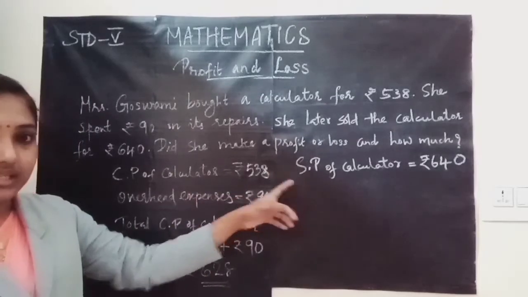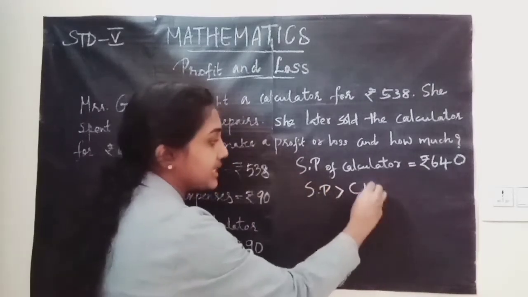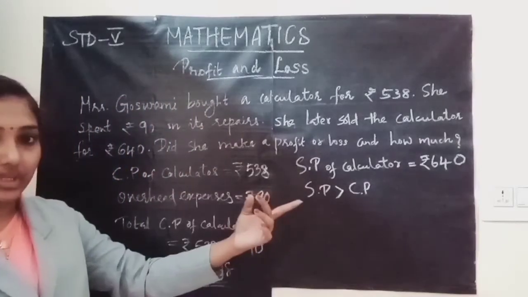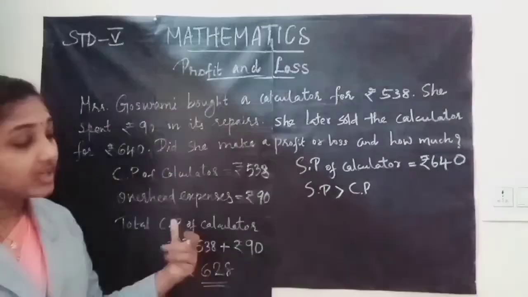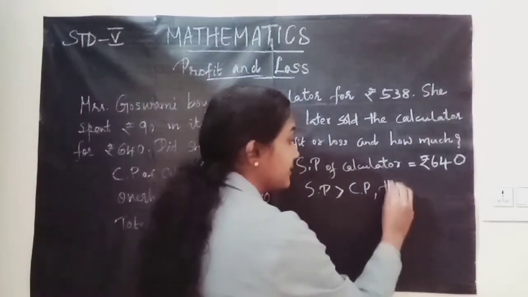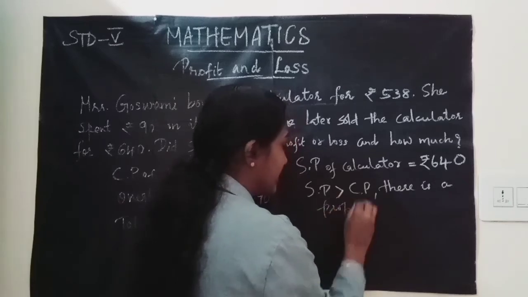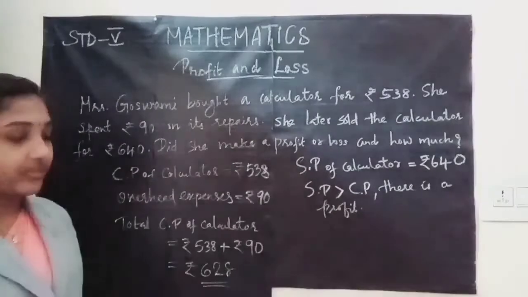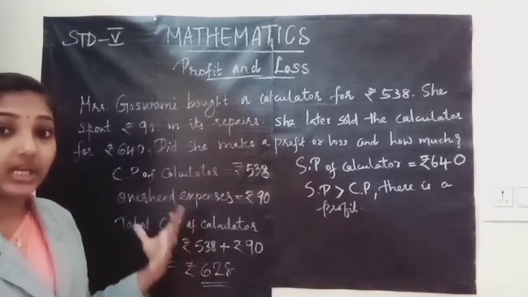The selling price is greater than the cost price: 640 is greater than 628. When SP is greater than CP, there is a profit. Since the selling price is greater than the cost price, Mrs. Goswami has made a profit.